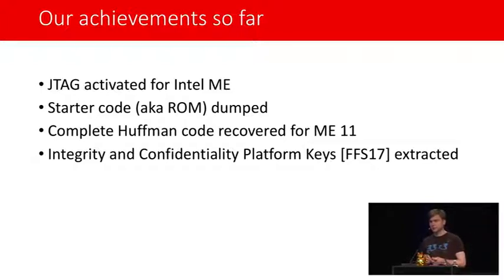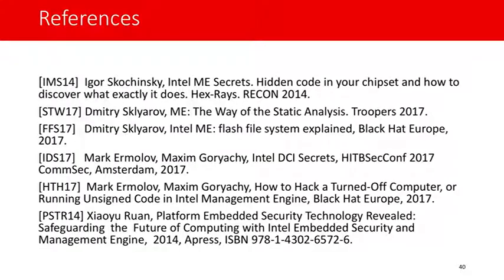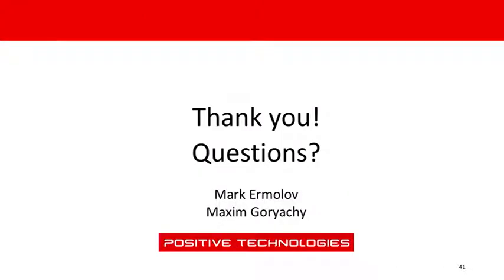It means that you can decrypt and integrate your files into ME, and ME doesn't detect it. And you can find our tools for ME reversing and researching on our GitHub page, and our blogs with our articles, our references. And thank you for your attention. Questions, please.